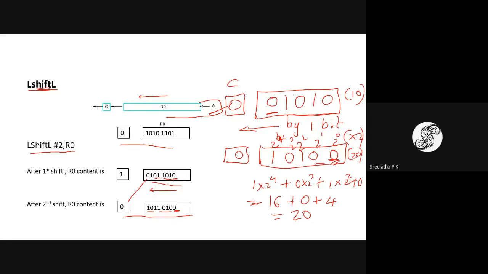Now we'll see logical shift right. What happens? The bits are shifted to the right. Whatever bit comes out of the LSB is moved to the carry bit. The instruction opcode is LSHR, which stands for logical shift right. Here also, if this problem is given, they may ask what is the content of R0 after this particular operation.